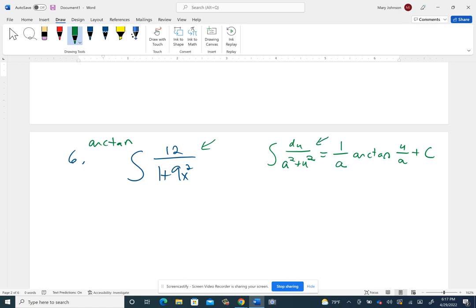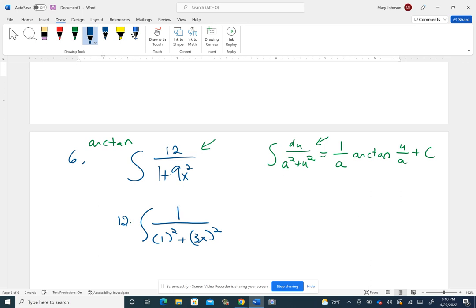So first thing you do is you think about how that denominator is really 1 squared plus 3x all squared. Okay. And then over here, I didn't have anything up on top besides the du. So one way to handle the issue with the 12 is to just pull the 12 out. Because remember, it's always okay to do that with constants. Just get it out of the way for a minute.